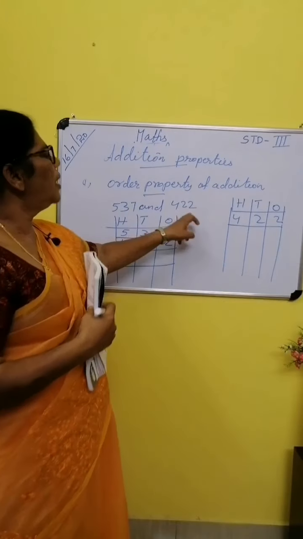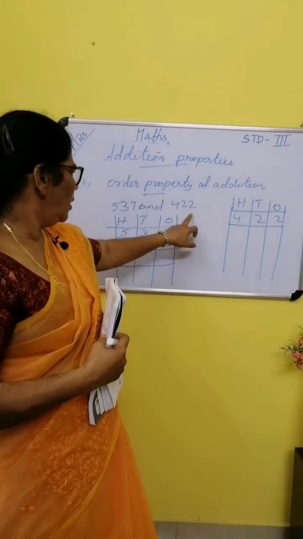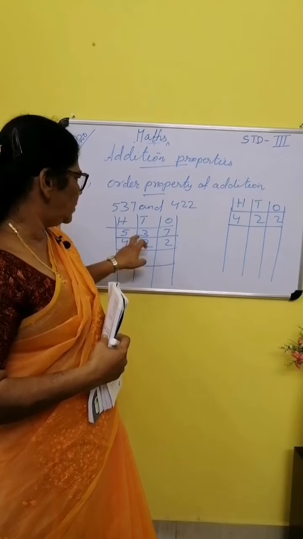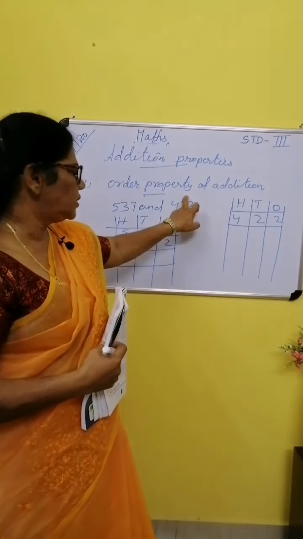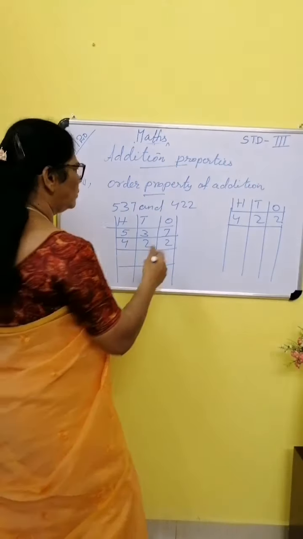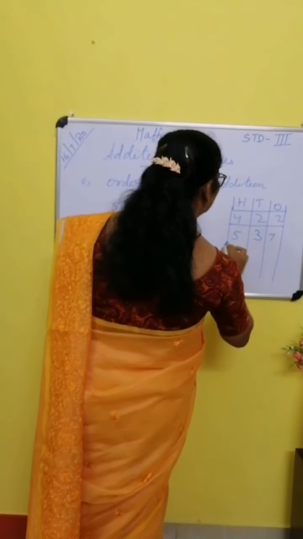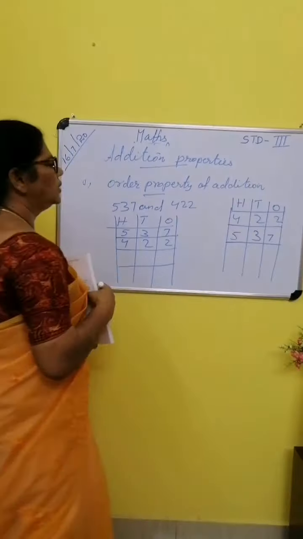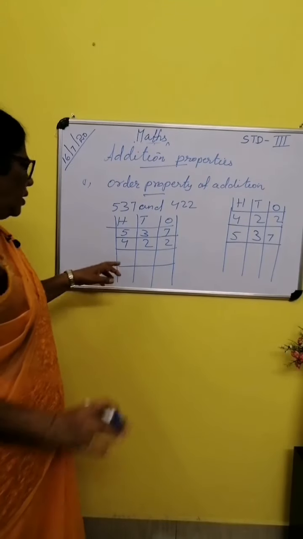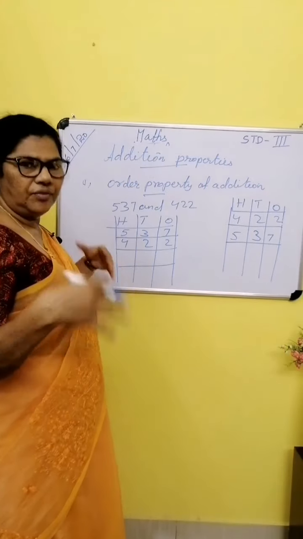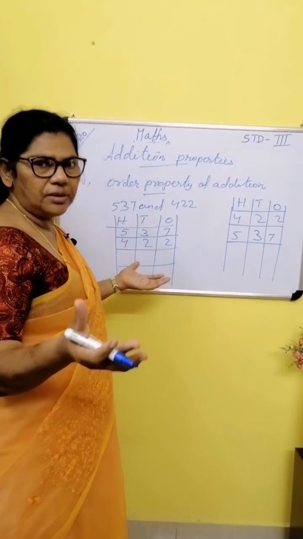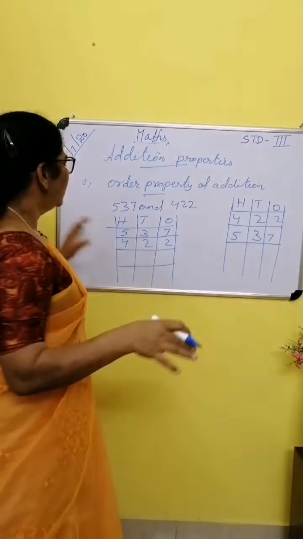See, the same numbers, only the order is changed. Same numbers, the answer will be the same. Even if the order of the numbers changes, the sum will be the same.